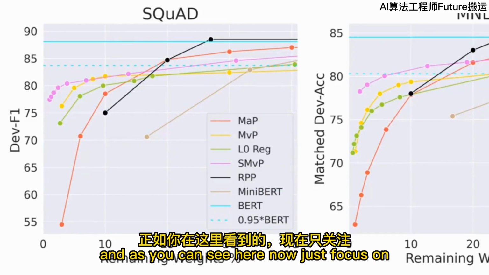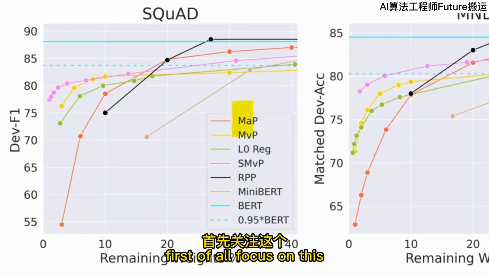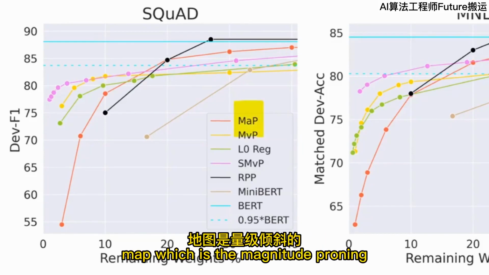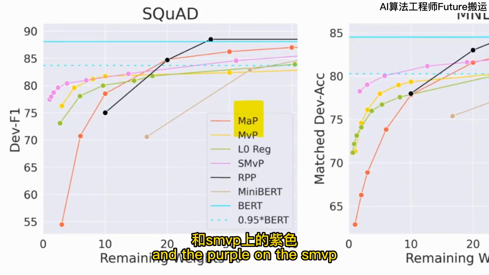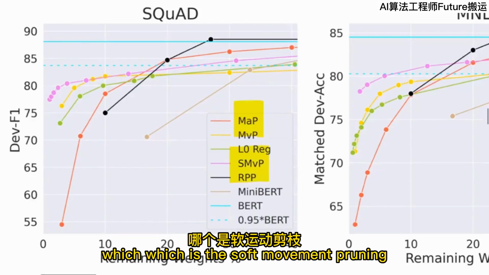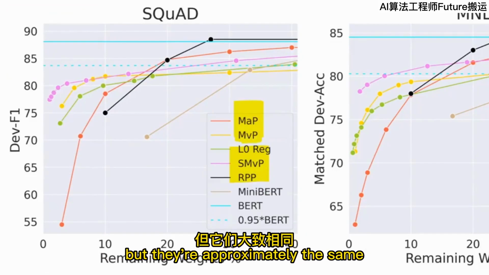And as you can see here, first of all, focus on this MAP, which is the magnitude pruning. So that's the baseline, if you will. And the purple one, the SMVP, which is the soft movement pruning. You can also focus on the MVP right here, but they're approximately the same.